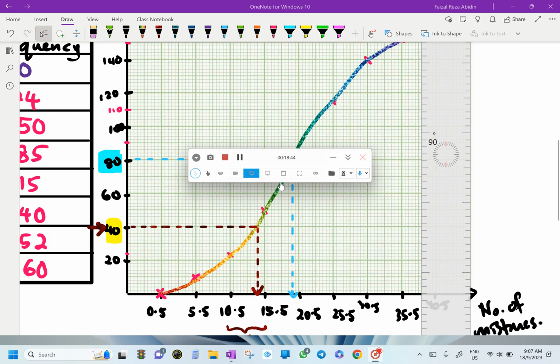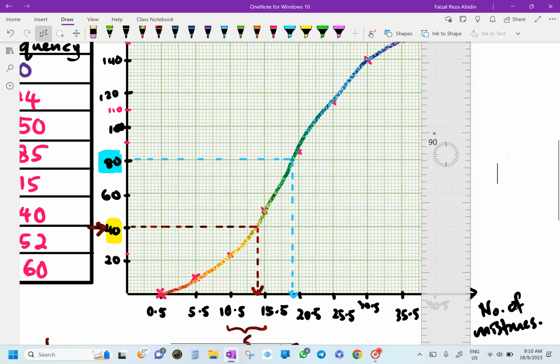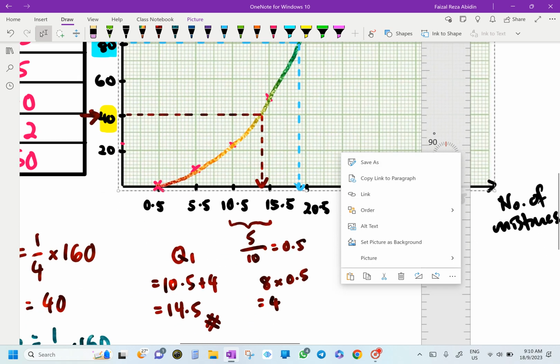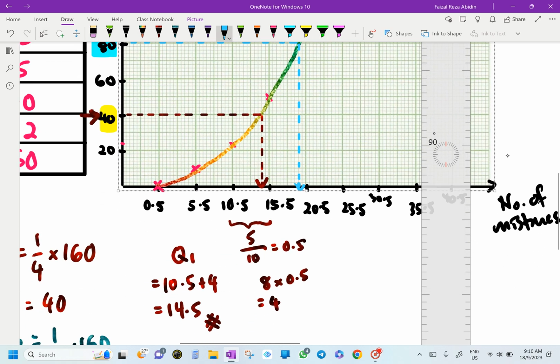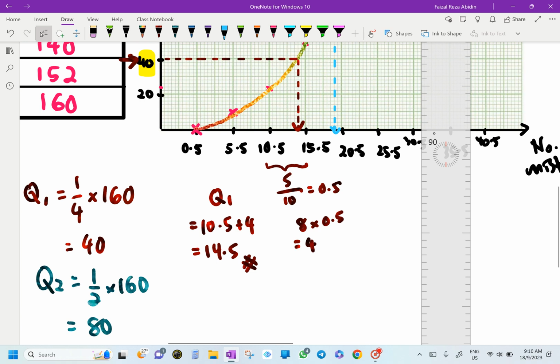Okay, so just now we have the same one over here for our Q2. So it means I'm going to get the same 15.5 over here. For my graph I got another 4 over here, so for my Q2, 15.5 I'm going to plus with 4, so I'm going to get 19.5 for mine.